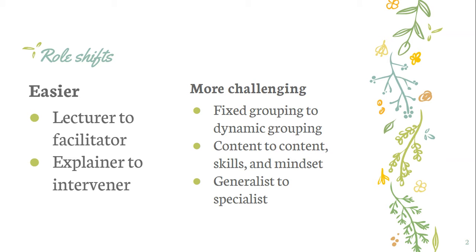The more challenging role shifts for me, I think the most challenging one for me is probably the fixed grouping to the dynamic grouping. My classes are already grouped, or all of our 8th grade level English courses are all grouped, an above level, an on level, and a below level.